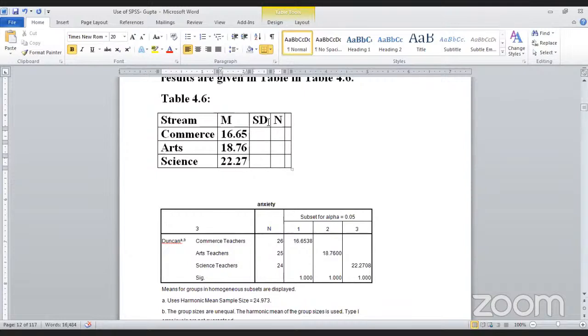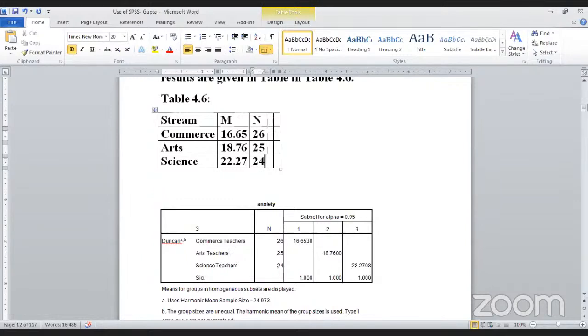So I have written the mean, and they do not have the standard deviation. They only have the N. Commerce is 26, arts is 25, and this is 24. This is just by chance. So now you see the mean score of anxiety of commerce is significantly different from the arts.